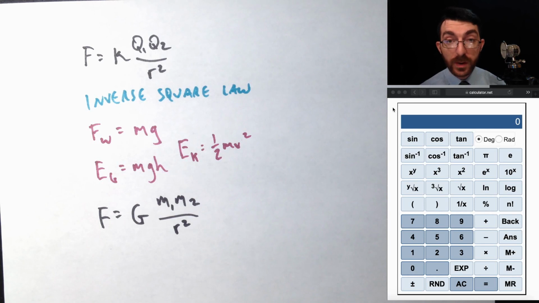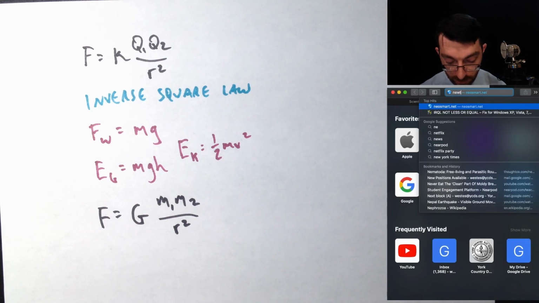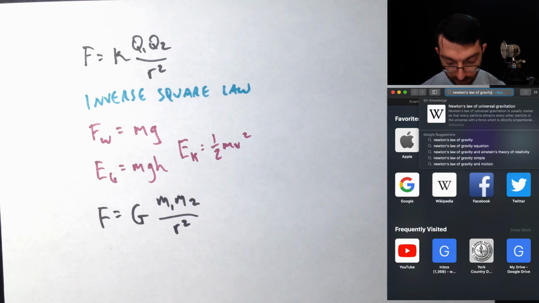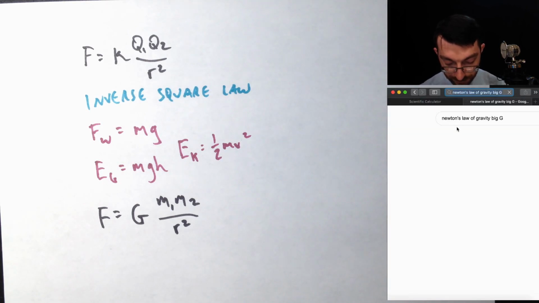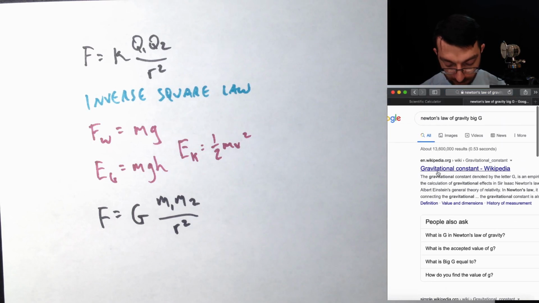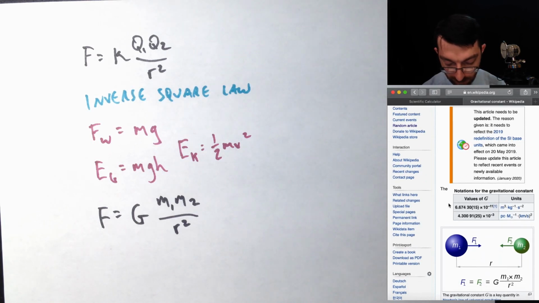When we were doing Coulomb's law, of course, we had to look up a value for K. And I'm going to go ahead and look up a value for G. So this is going to be Newton's law of gravity, big G, and the gravitational constant, according to this reputable website, is 6.67, that's enough decimal places, times 10 to the negative 11th.